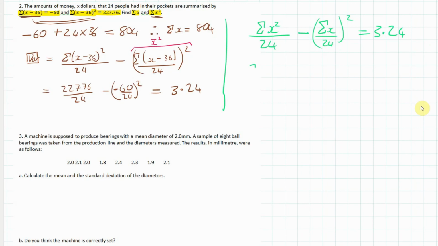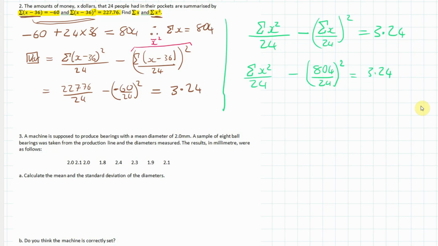Now, we don't know what the sum of x squared is, but we do know what sum of x is, because we worked that out in the previous part of the question. So we should get this. And now what I'll do is I'll move that 804 over 24 squared across to the other side.